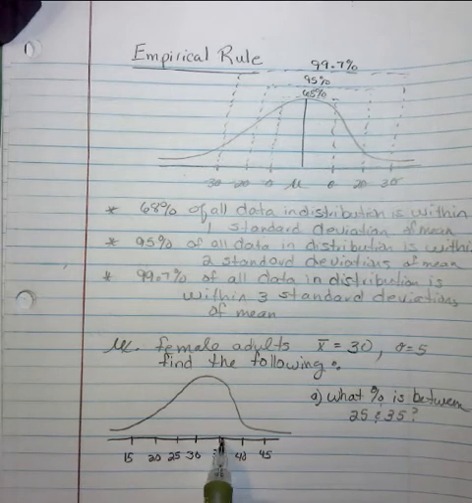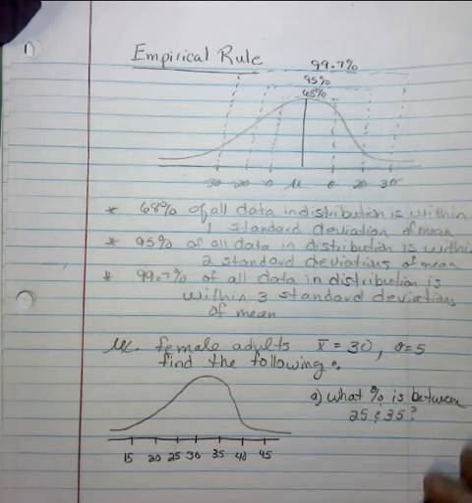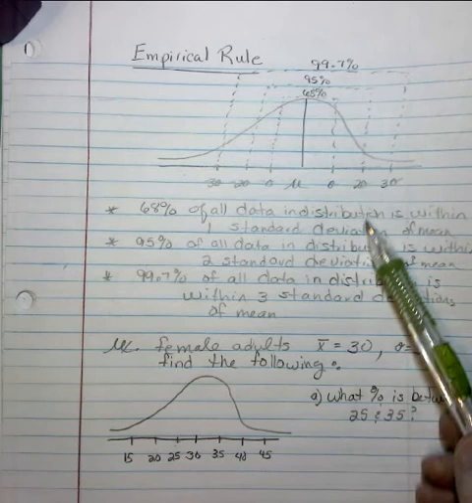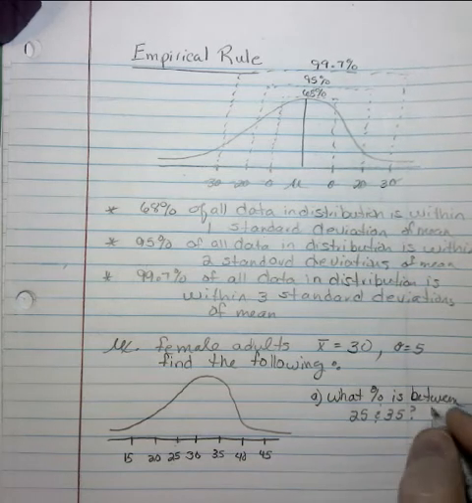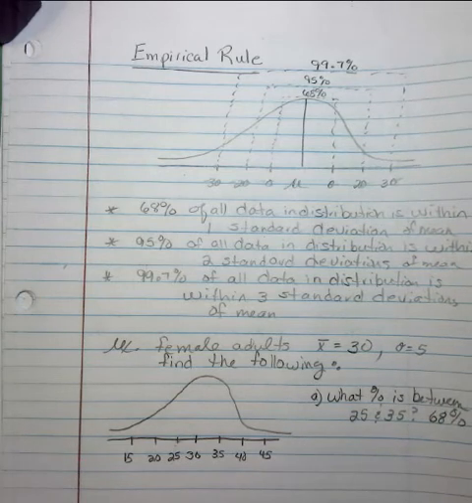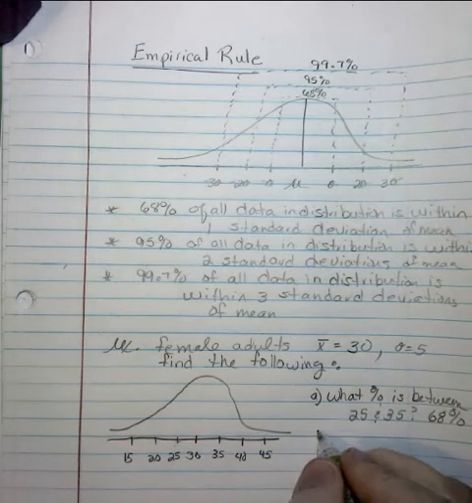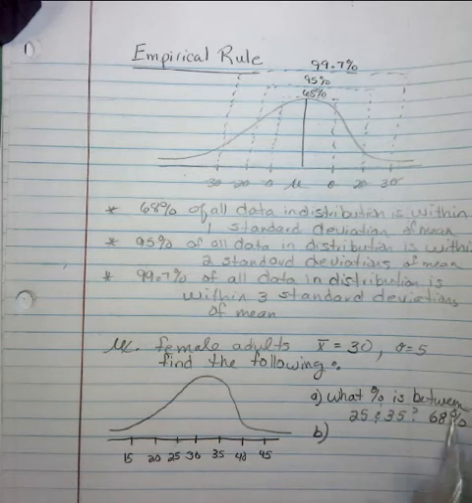Both of those are within 1 standard deviation from the mean. So following our rule for empirical information, that means that 68% of all the people in the survey are within that range.